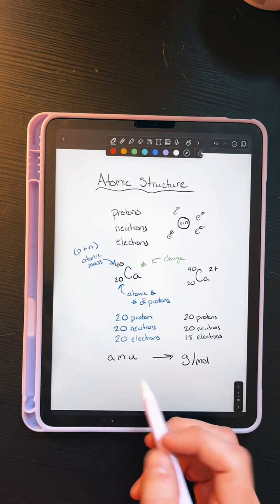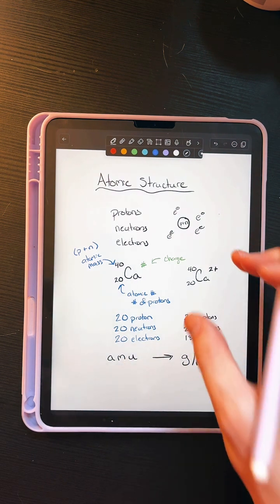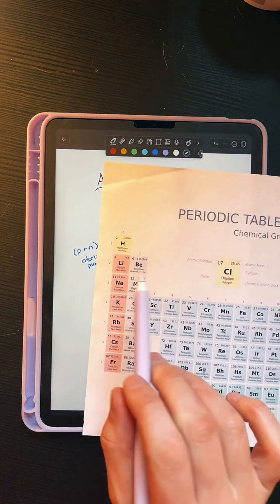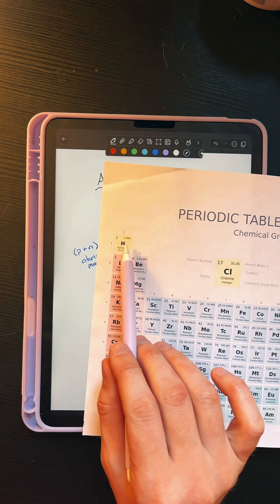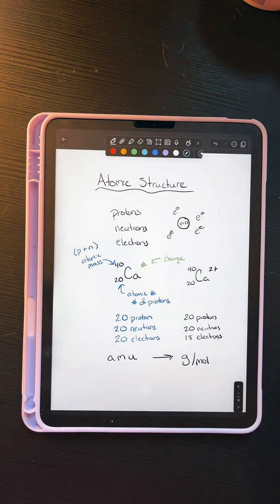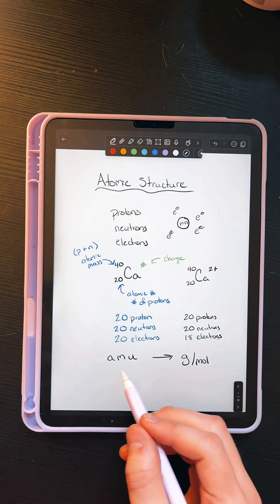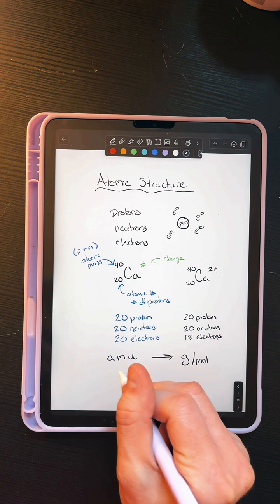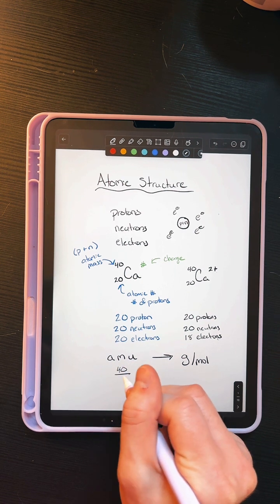AMU essentially takes the mass of your element, of your atom, and compares it to the mass of one hydrogen. But if we look at a periodic table, the mass of one hydrogen is about 1. So when we really do AMUs, it's the mass number, like 40, for instance, here, divided by 1, which is 40.